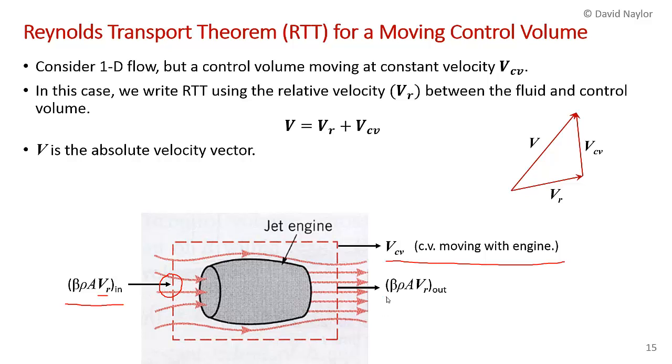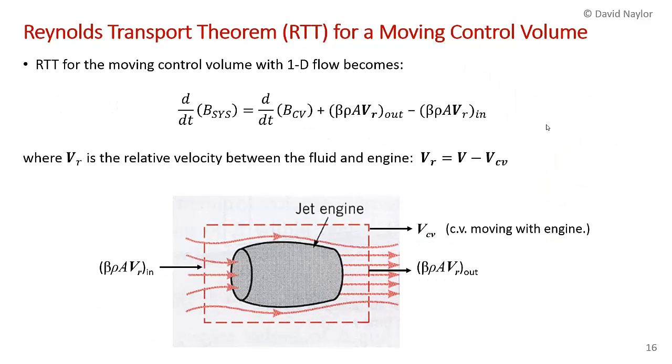And similarly, we have a flux of this property B out of the control volume that depends on the relative velocity between the control volume and the fluid. And so the absolute velocity here will be equal to the relative velocity plus the velocity of the control volume. And of course, in some situations, you need to consider that in a vector sense.